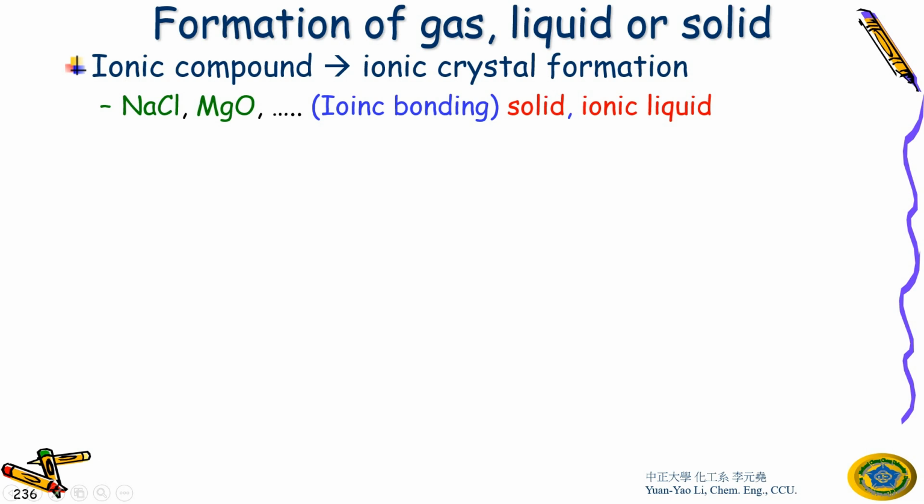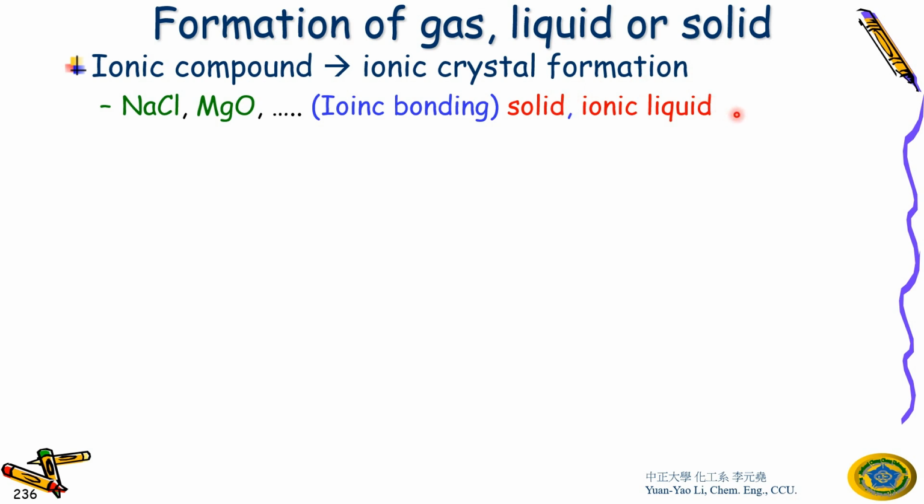This is called ionic bonding. Mainly, ionic compounds are solid. However, there are some ionic compounds in liquid form. That's why we call them ionic liquids. I don't know whether you have heard about this or not.